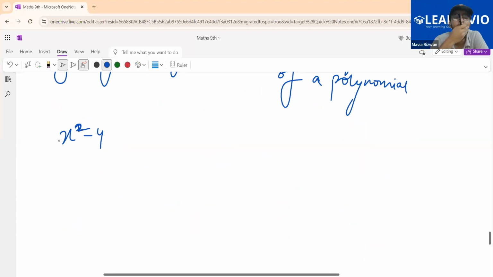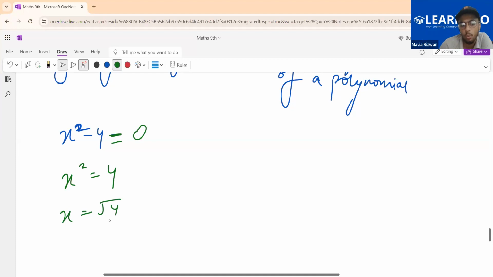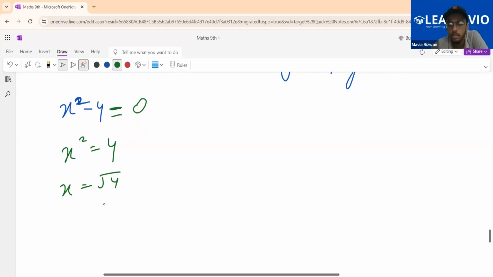To find the zeros of a polynomial, we equate it to 0. So x square is equal to 4. Now x is equal to under root 4. What is root 4, Safia? 2. Yes. Now root 4 is 2, but root 4 is also -2.